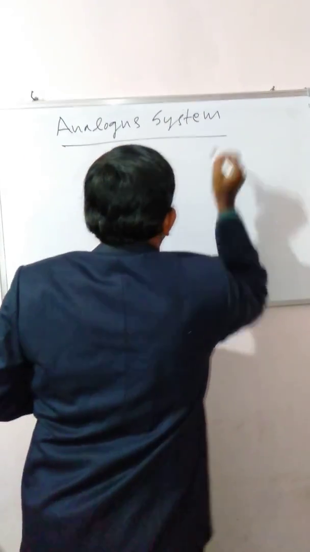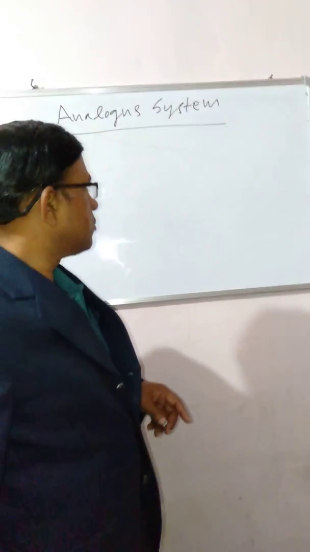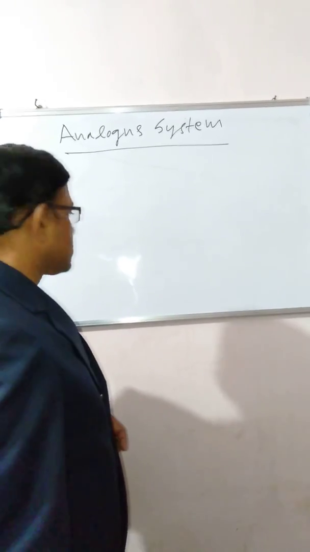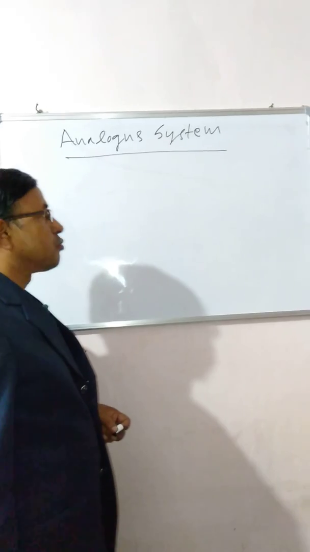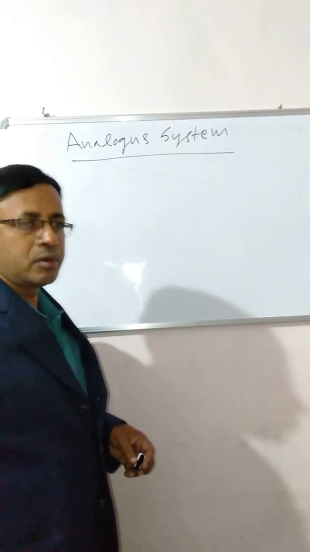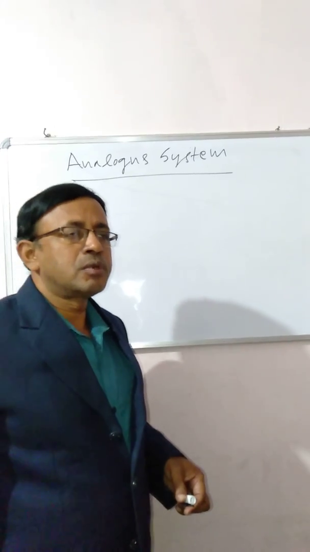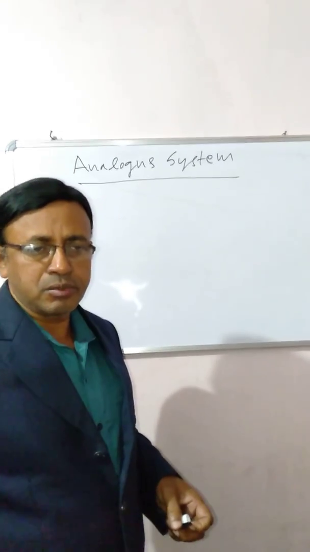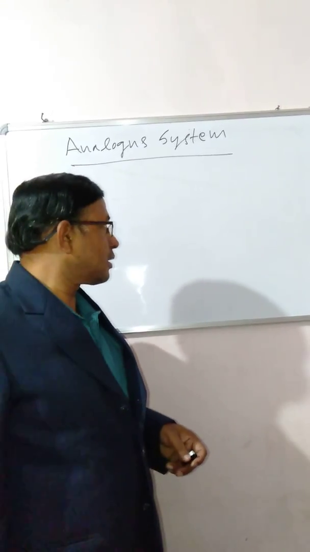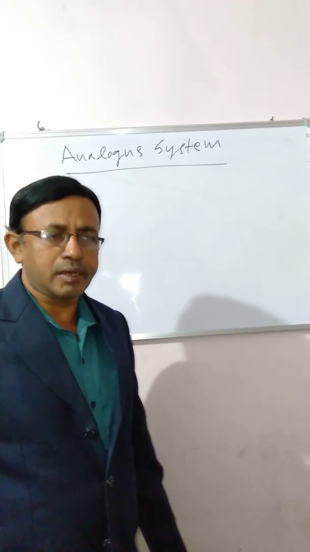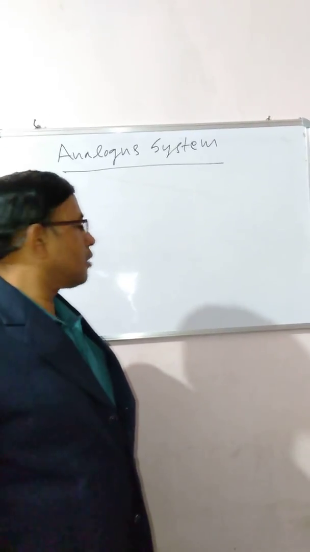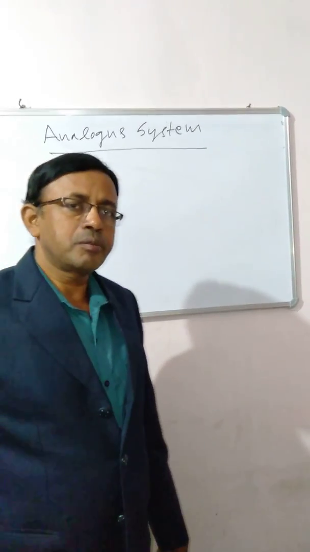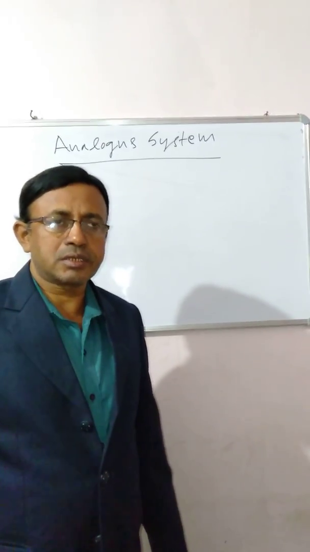Before we proceed, we should first know what an analogous system is. Let us consider more than one system, for example an electrical system, a mechanical translational system, a rotational system, or a gear train. There are so many types of systems. To understand analogous systems, let us consider one electrical system and one mechanical translational system.